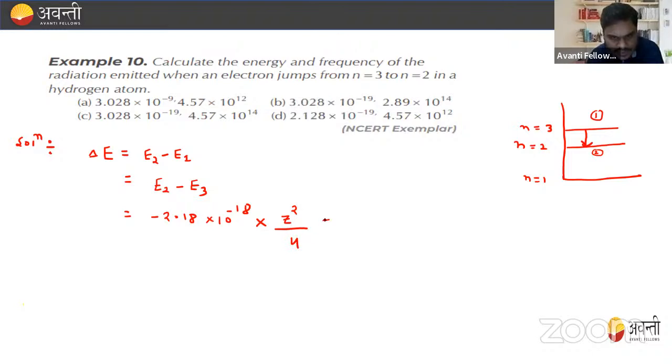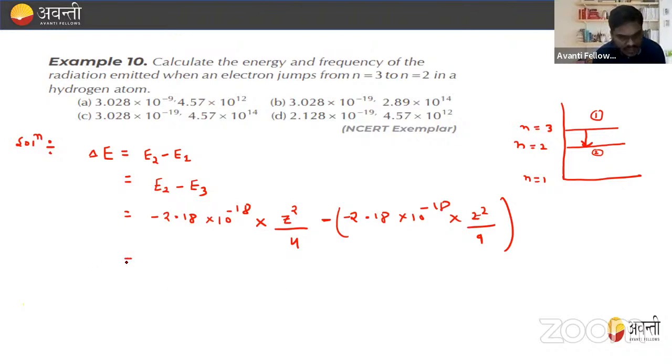Similarly, for the other level, it is calculated as 2.18 into 10 raised to the power minus 18, into Z square upon 3 square, which is 9. So this is E2 minus E3.